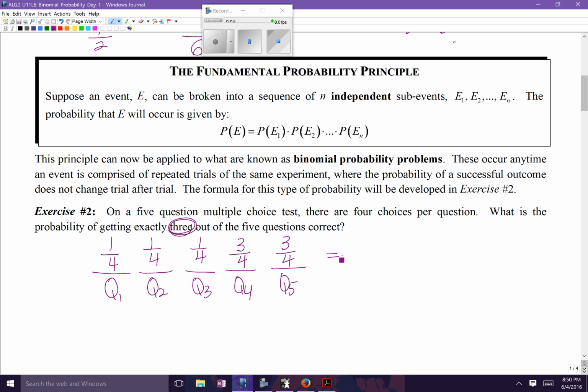And if you look at the fundamental probability principle, it says multiply these. And if you multiply all of these, you get 9 out of 1,024. So that means 9 times out of 1,024 occurrences will I get 3 out of 5 questions correct.